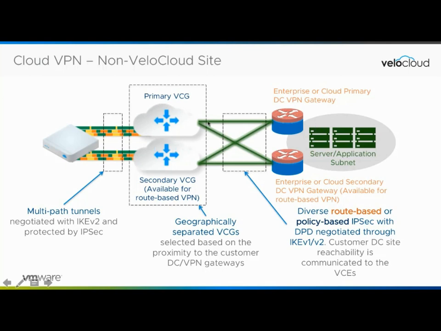I'm able to leverage that single IPsec tunnel from the gateway to that non-VeloCloud site because I already have a VPN tunnel from the edge device to the gateway. That way, I will be able to access the resources from the edge device to the non-VeloCloud site.